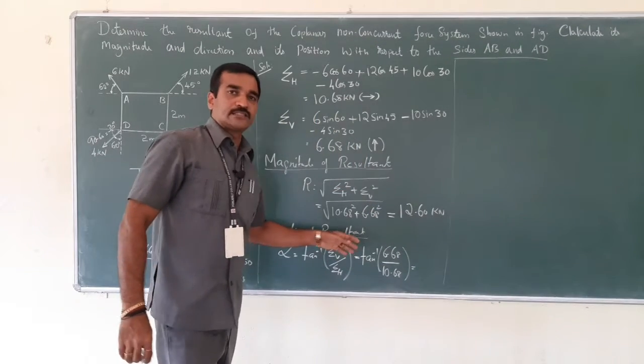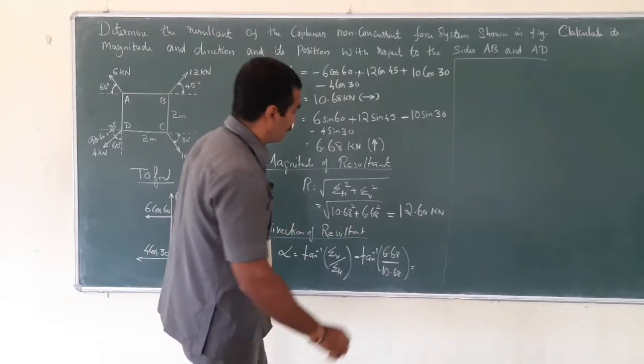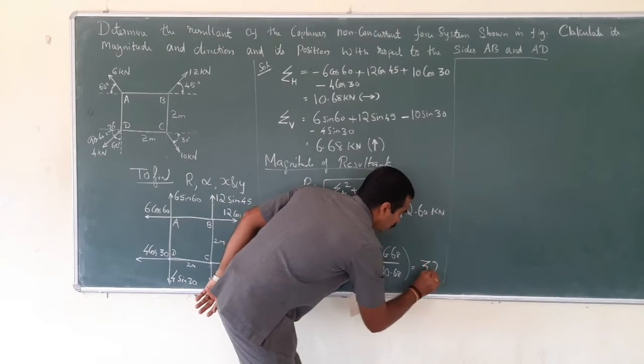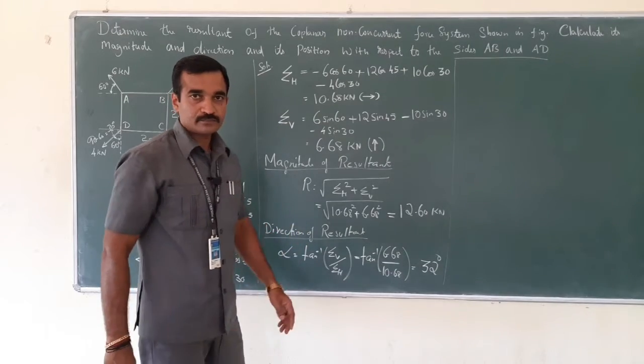If you feed these values into your calculator, you will get the value in degrees. That is 32 degrees. Alpha is equal to 32 degrees.